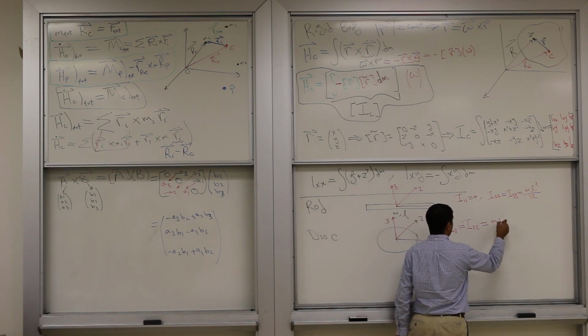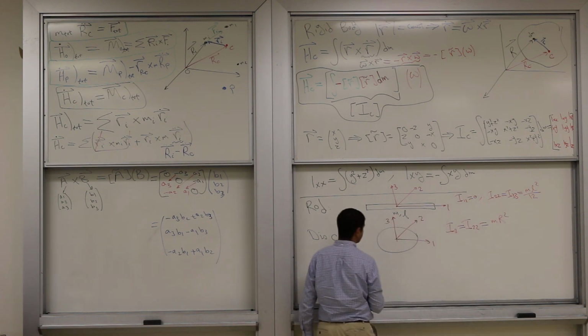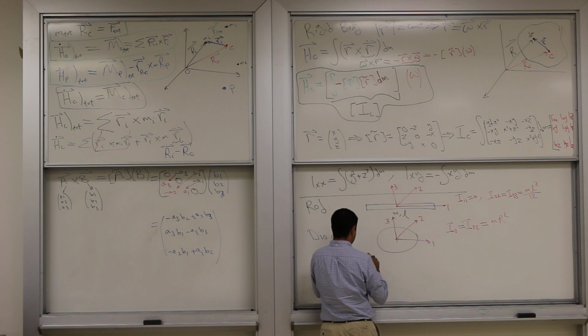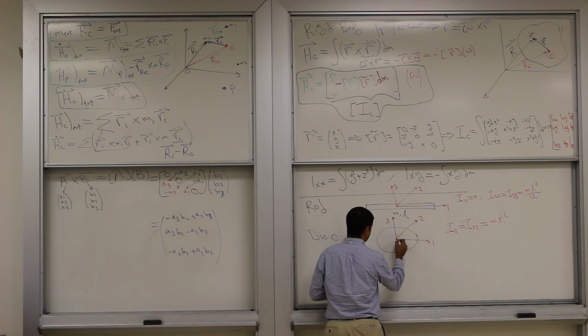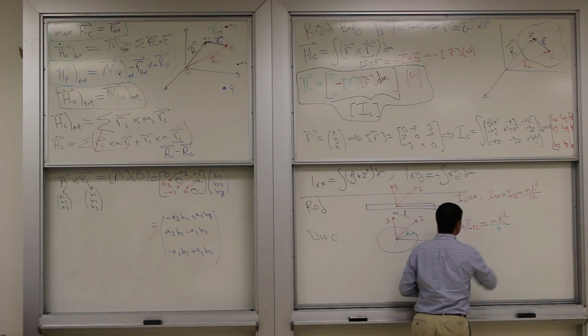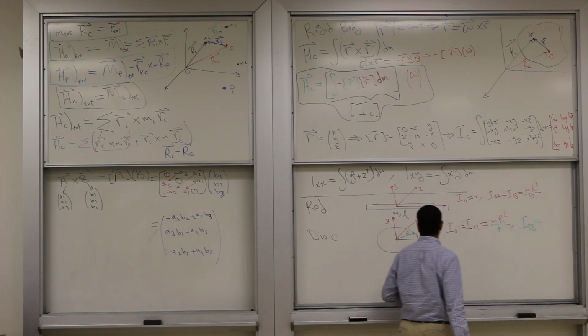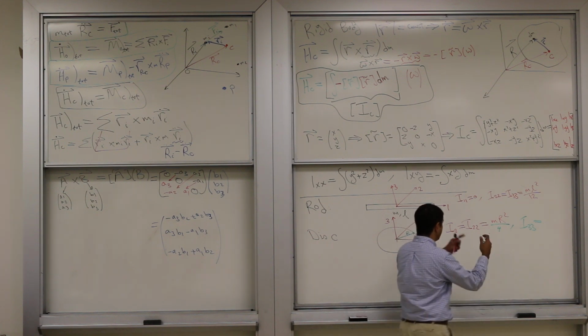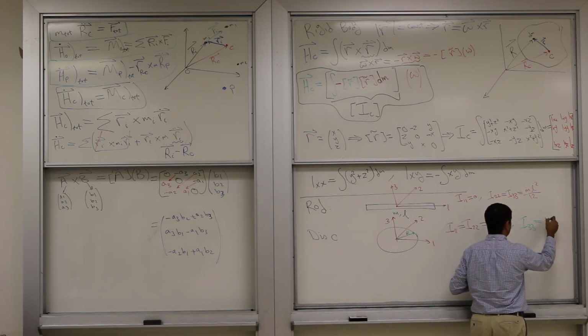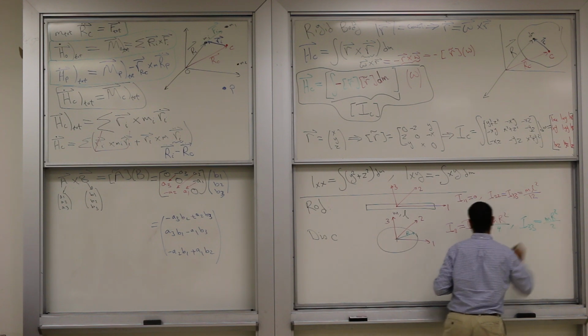This is mr squared, R is the radius, obviously, over 4. And I33, like any axisymmetric shape, you just add I11 and I22. So mr squared over 2.